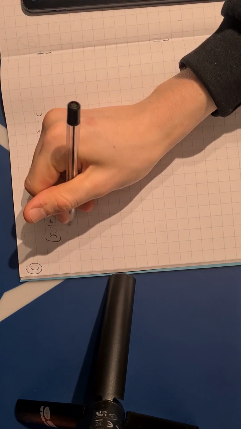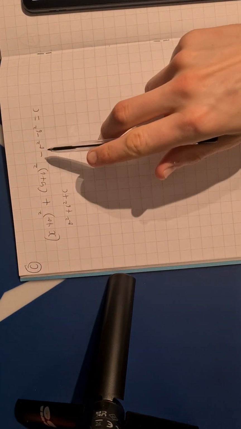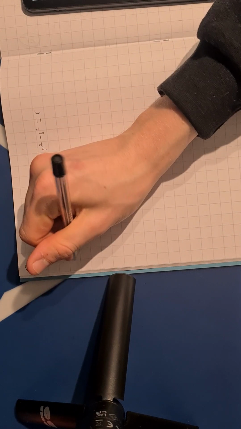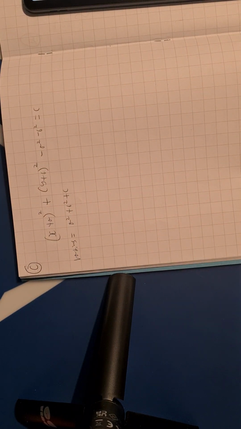Make sure you can see that, sorry about that. So our radius of this circle is going to be a squared plus b squared plus c, if we move those over and add them to both sides. So now that's our radius, and we need to find the distance from the centre of the circle to the origin.